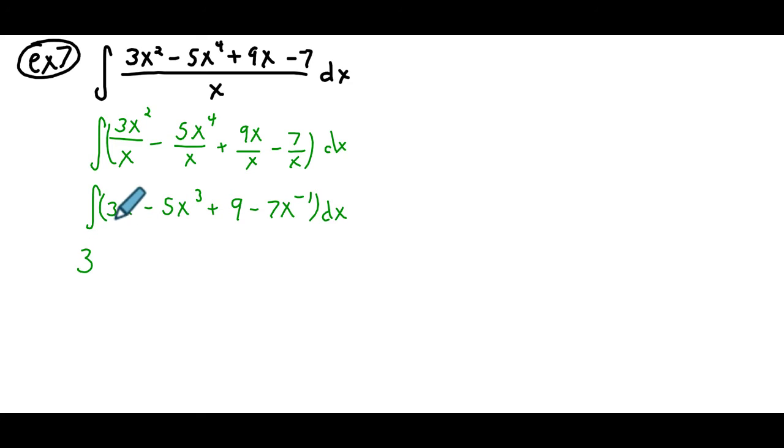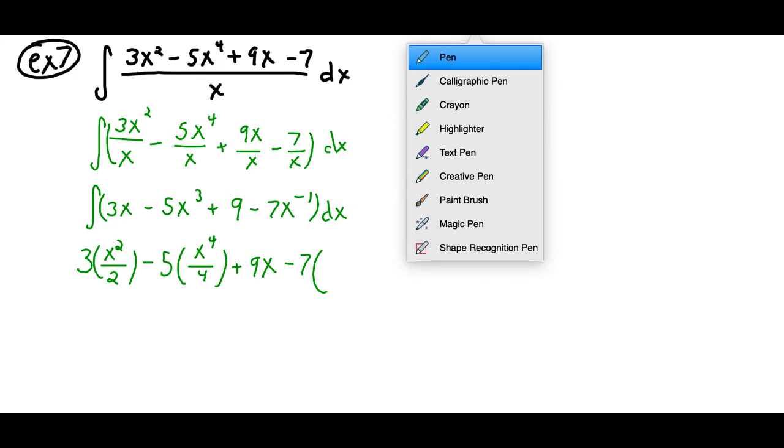So the constant comes out in this first term, and then I take my x and increase my power by 1, so that becomes a power of 2, and divide by that new power. So minus 5, this becomes x to the 4th over 4, plus 9x minus 7. Notice here, something unique happens at this problem.